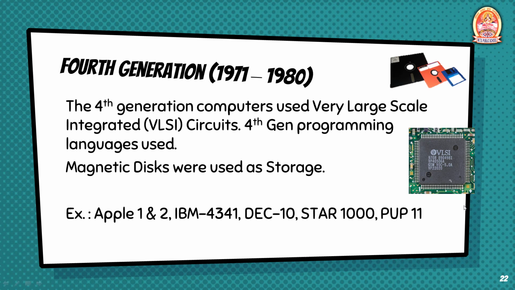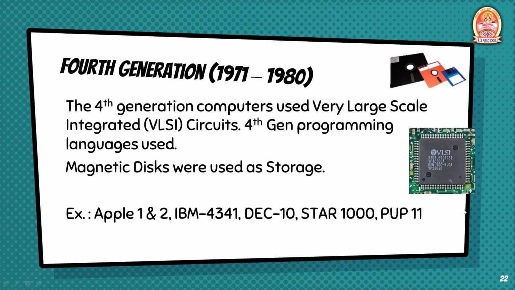Now coming to the fourth generation of computers. The period for the fourth generation started in 1971 and ended in 1980. In the fourth generation, ICs or integrated circuits were developed to the next level and they are known as VLSI circuits.